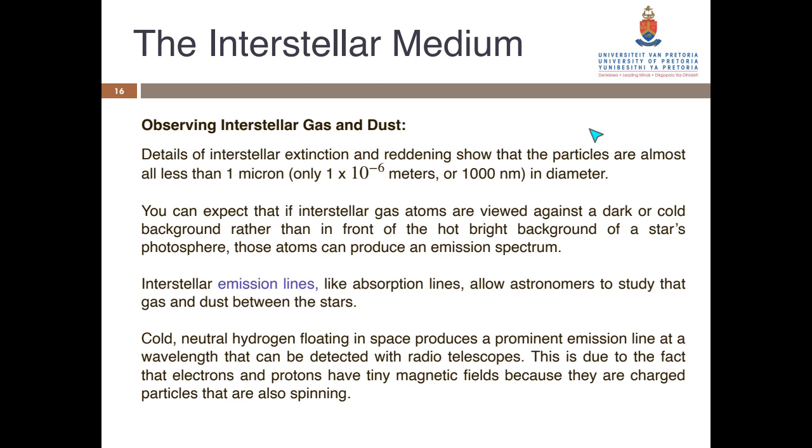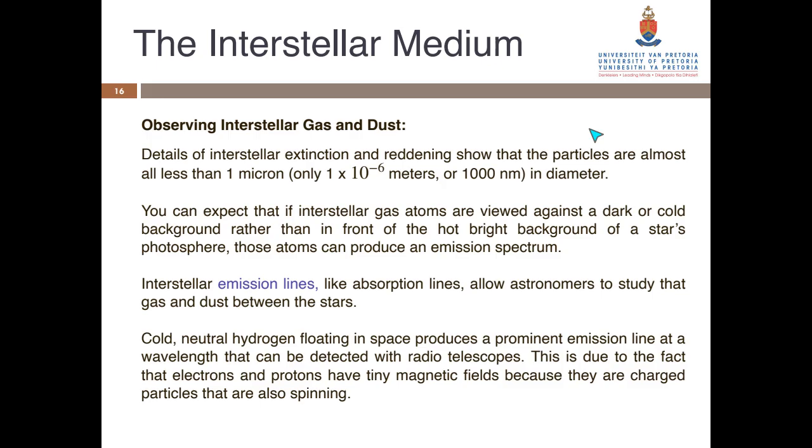Details of interstellar extinction and reddening show that the particles are almost all less than 1 micron in diameter. You can expect that if interstellar gas atoms are viewed against a dark or cold background, rather than in front of the hot, bright background of a star's photosphere, those atoms can produce an emission spectrum.